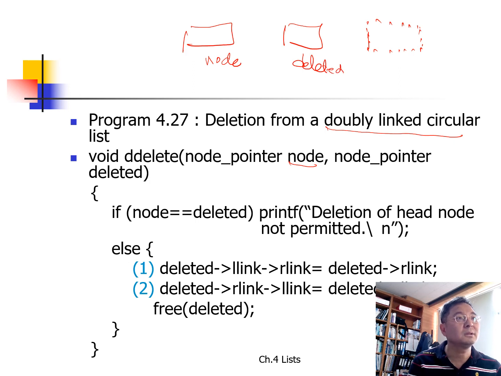There is a left and the right link field. So I want to delete this node. How can you do it? I want to adjust the right field of nodes to the dotted node. So deleted L-link and R-link. Yes, deleted L-link and R-link is this one.